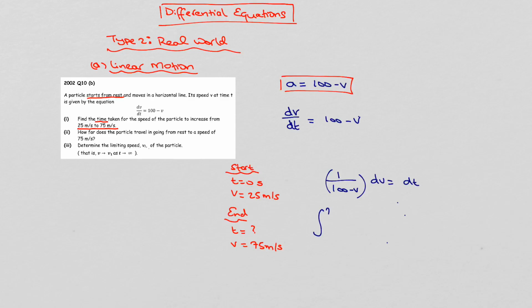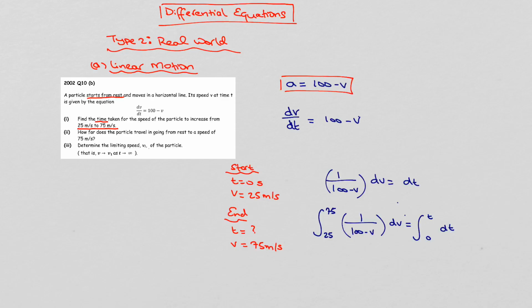My upper limit is 75 for velocity and my lower limit is 25, and my upper limit for time, which we're looking for, is t, and my lower limit for time is 0. So in other words, we're looking at the change in speed and the time taken to do so.